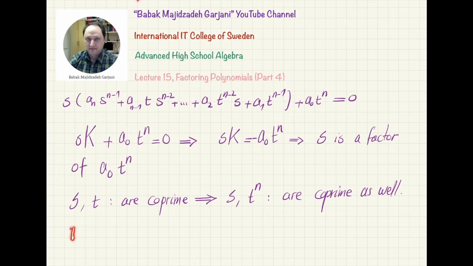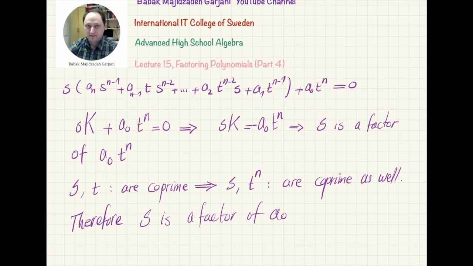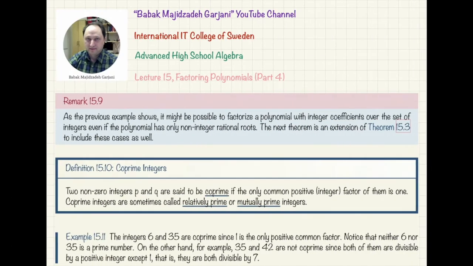So therefore, S is a factor of A0. Yes, and that was one part of the problem. So I leave the other part as the exercise, so it's very, very similar.